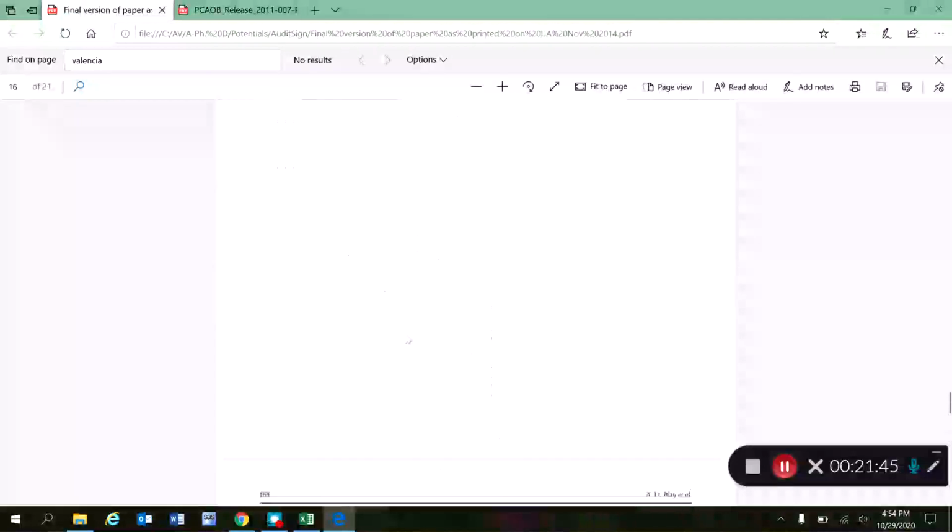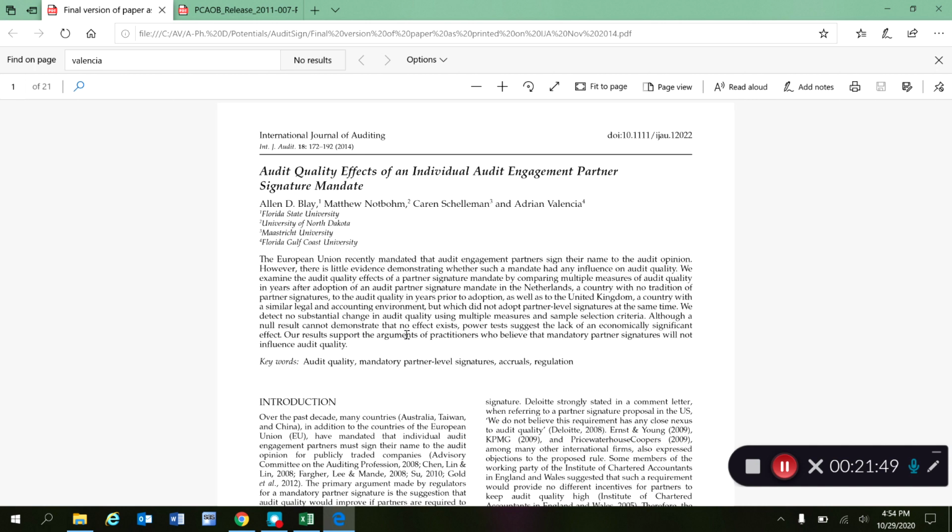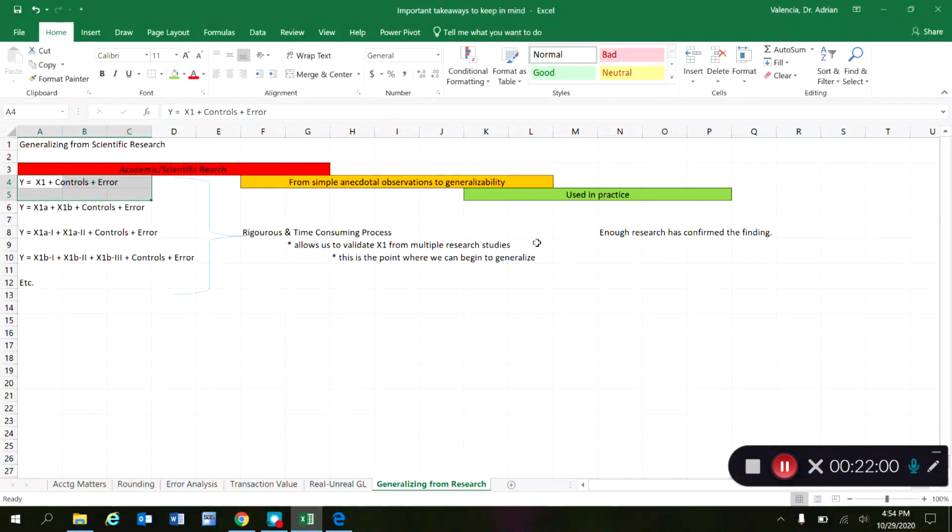All right, so here's the study. What do regulators do? Like we should do as professionals, right? Remember I told you, you eventually start informing yourself of these studies so that you think about whether you can use this in practice. As time passes and studies confirm and we can generalize, then you start using it.